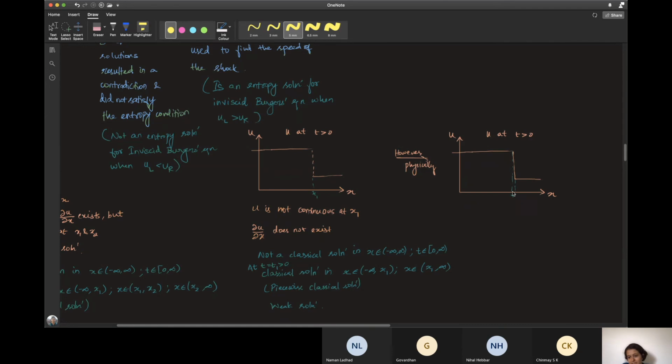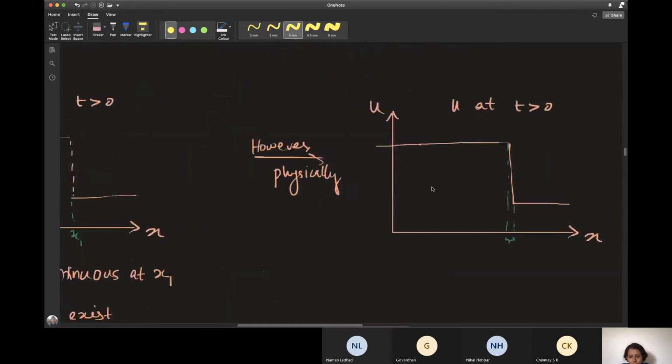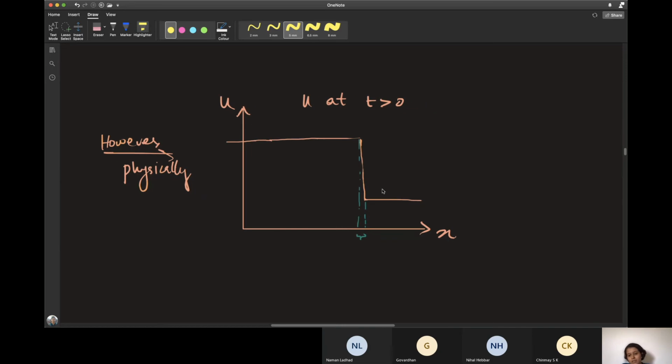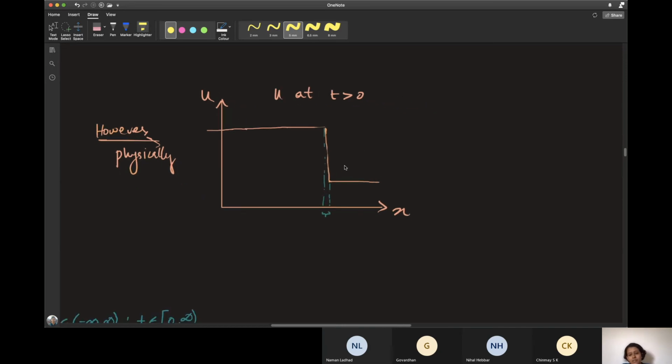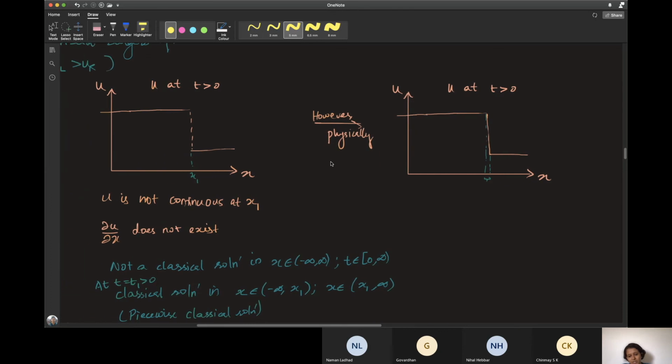You have 2 different points, and between those 2 points your variable is experiencing a greater change within the small domain. So the slope is high over there. Physically it seems it's continuous, okay? However, your derivative is not continuous.